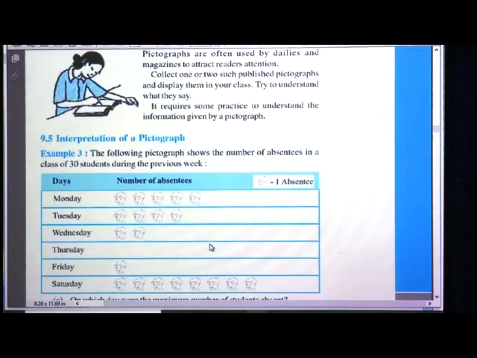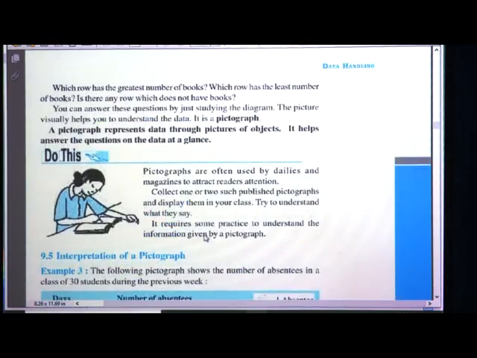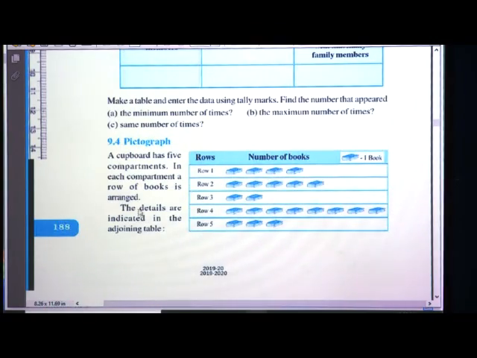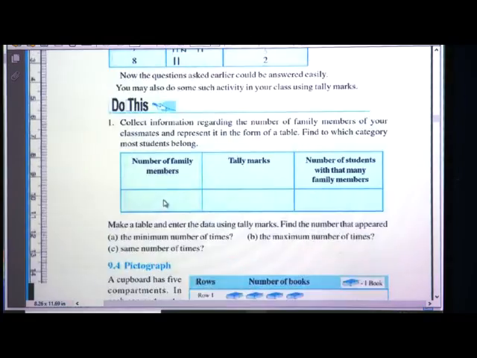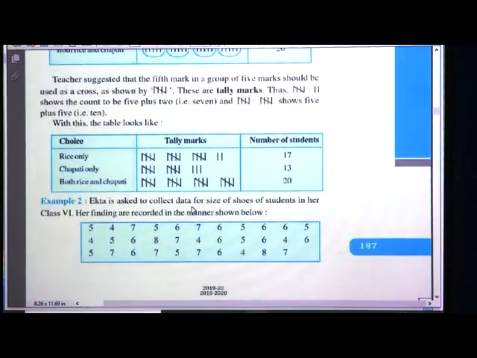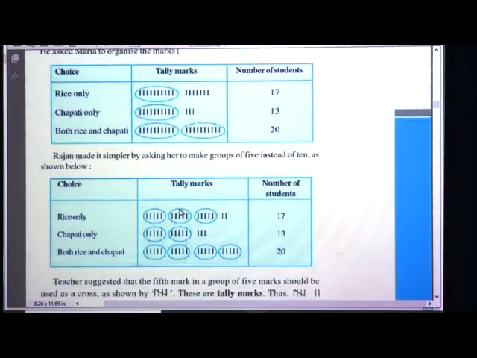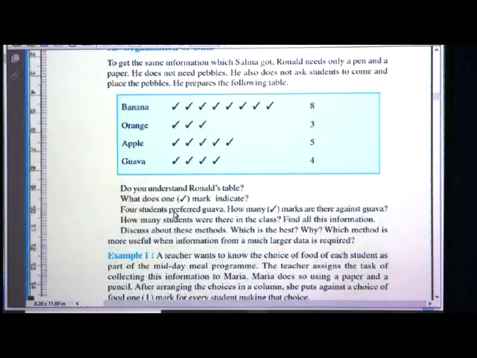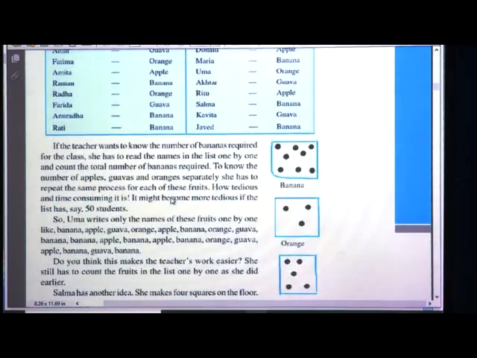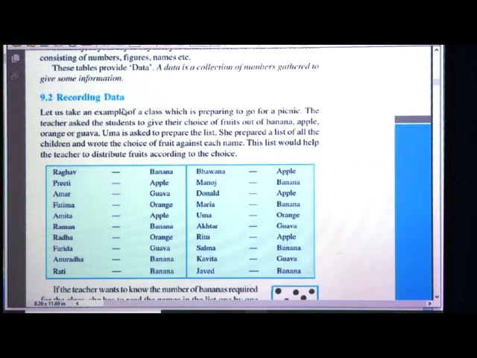So, now we have seen different ways to organize data, like the pictograph, then we have seen tally marks, then we have seen how to organize the data, and then we have also seen recording data.